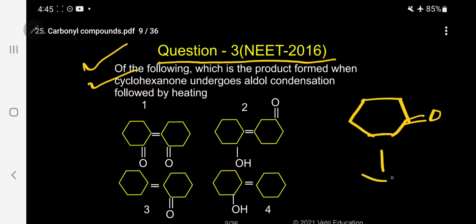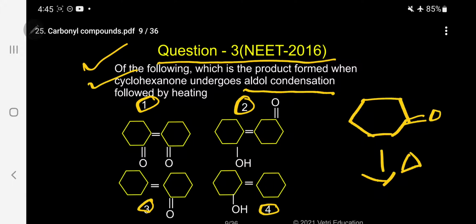So when you heat this, it undergoes condensation. That is called aldol condensation by heating. So what are the products formed? Structure 1, structure 2, structure 3, structure 4. There are 4 possibilities given.